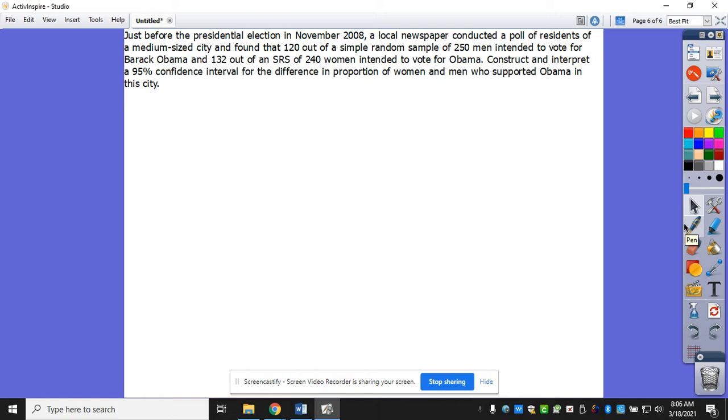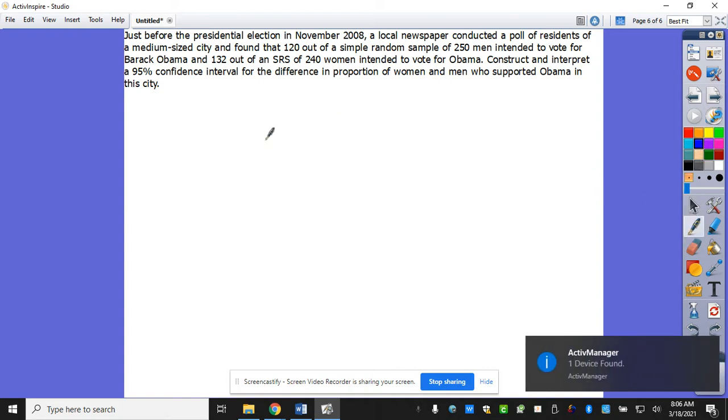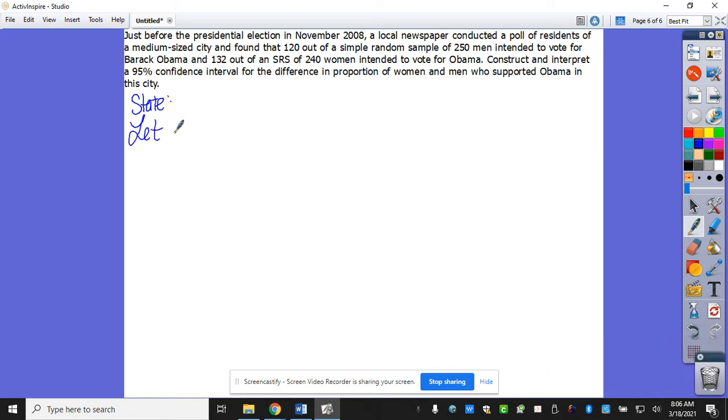So state, I need to define both of my parameters first. Here I'm going to choose to do letters instead. So I'm going to do, this one says men.